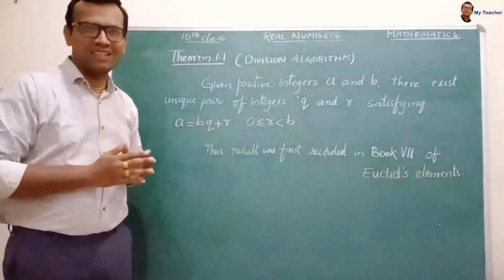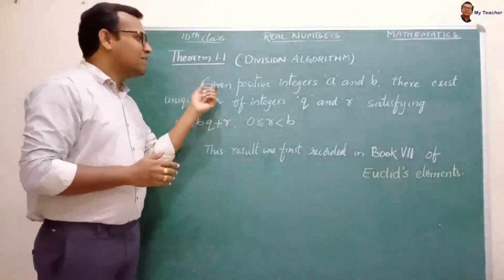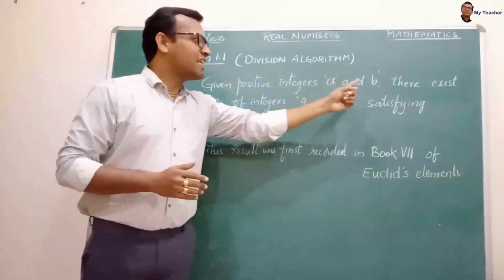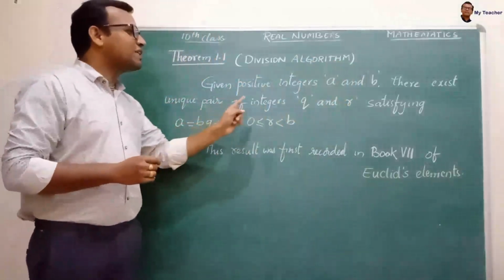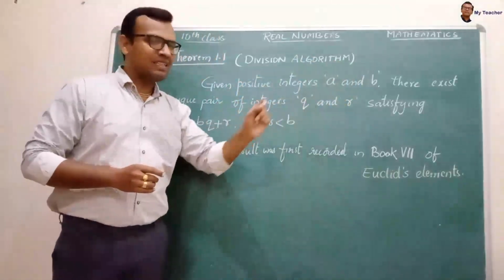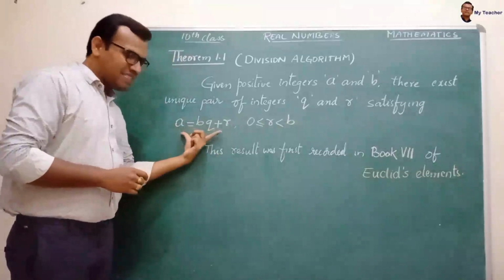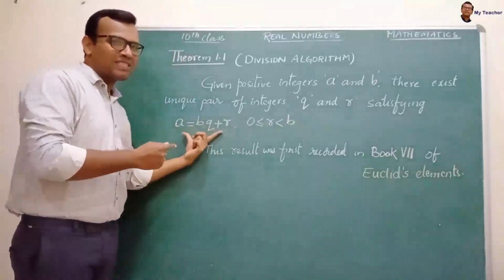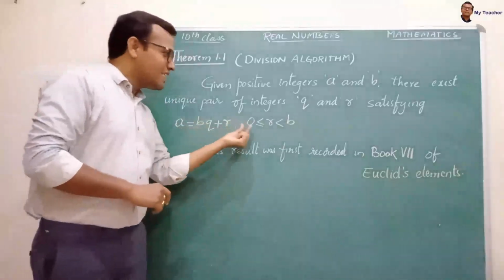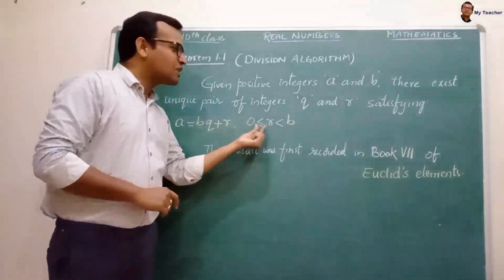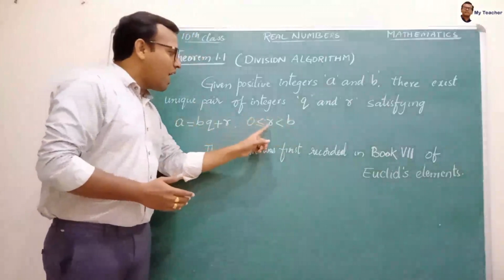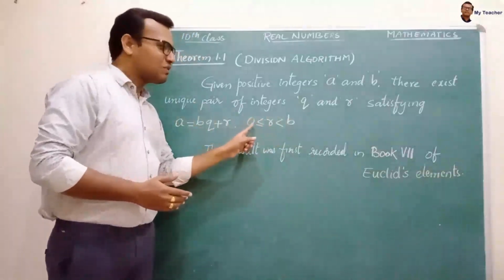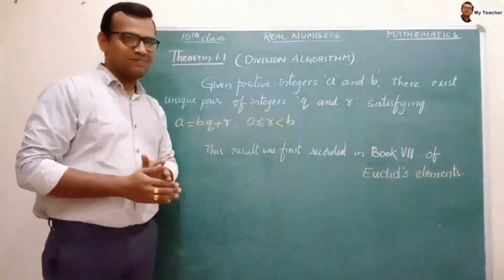So what is the division algorithm? Given positive integers A and B, there exists a unique pair of integers Q and R satisfying A is equal to BQ plus R where 0 is less than or equal to R less than B. In other words, R is greater than or equal to 0 and less than B.